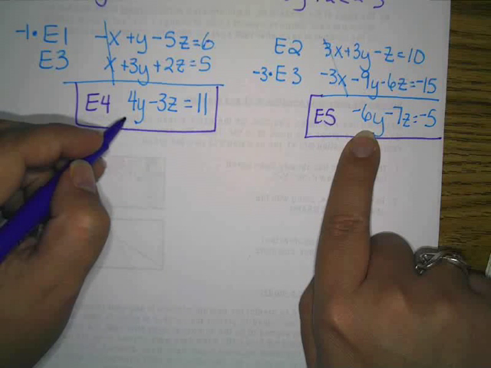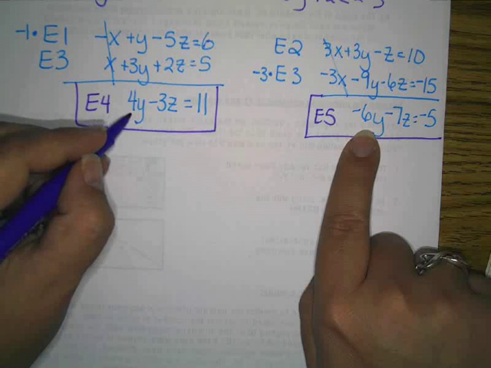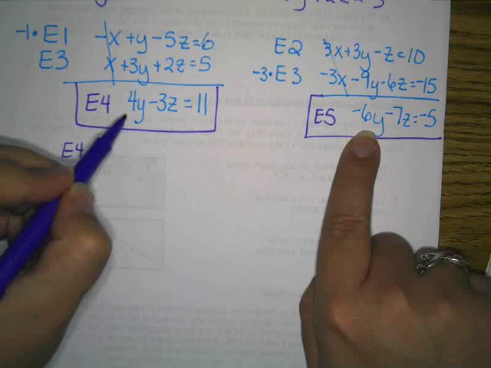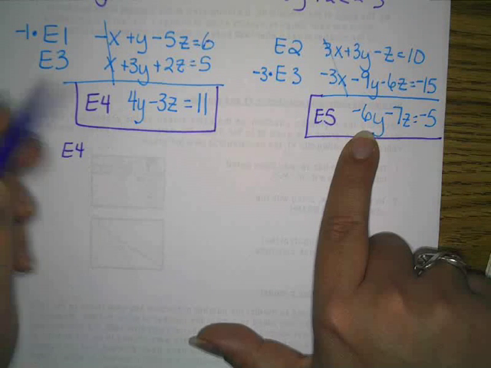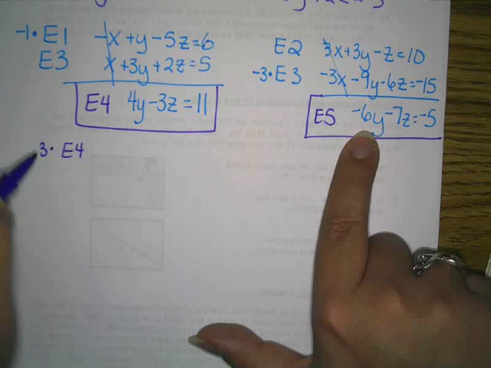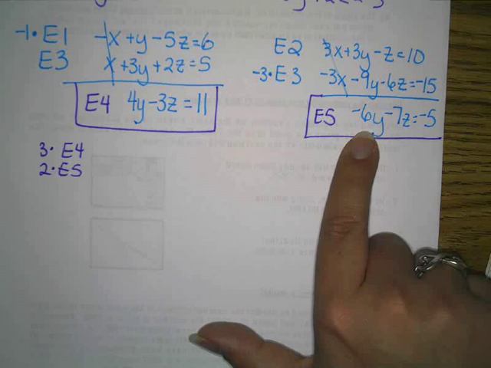Let's just do the easiest way. And any number I can get them to is 24 if I multiply them together. If you'd like to multiply them to get 12, that will work as well. It doesn't matter. So say we want to multiply them to get 12. I would have to multiply E4 times 3 and E5 times 2.